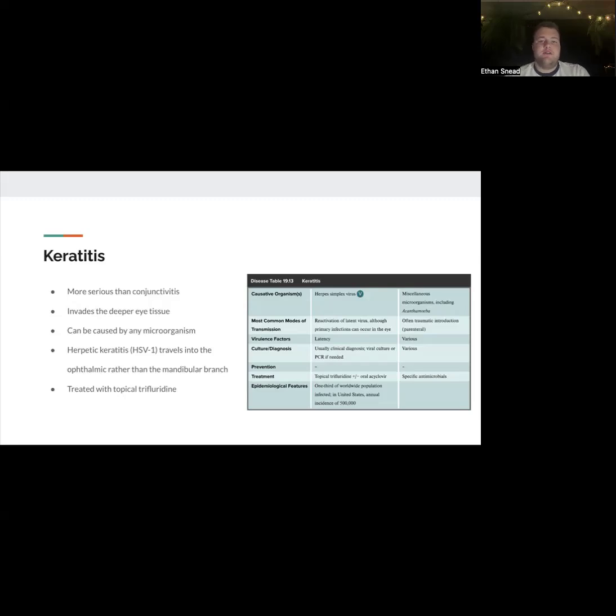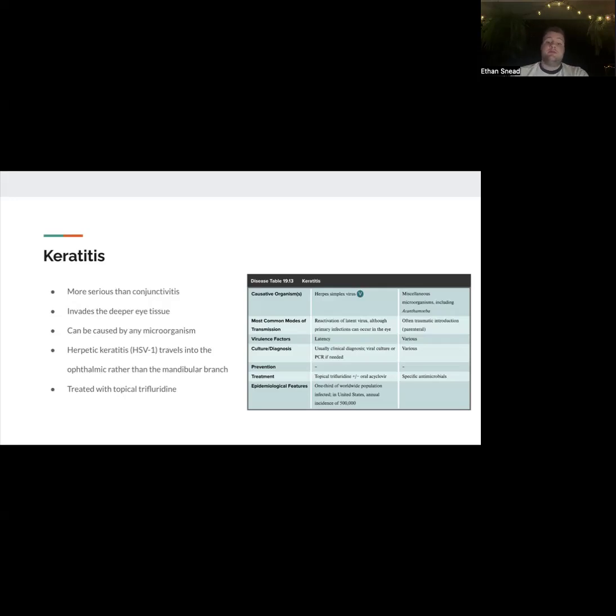A common type of keratitis is herpetic keratitis, or HSV-1. And with this type of infection, once reactivated, it travels into the ophthalmic branch, I'm sorry if I mispronounced this, rather than through the mandibular branch of one of the nerves in the face, and this can be very painful in the eye and cause a lot of discomfort as well.